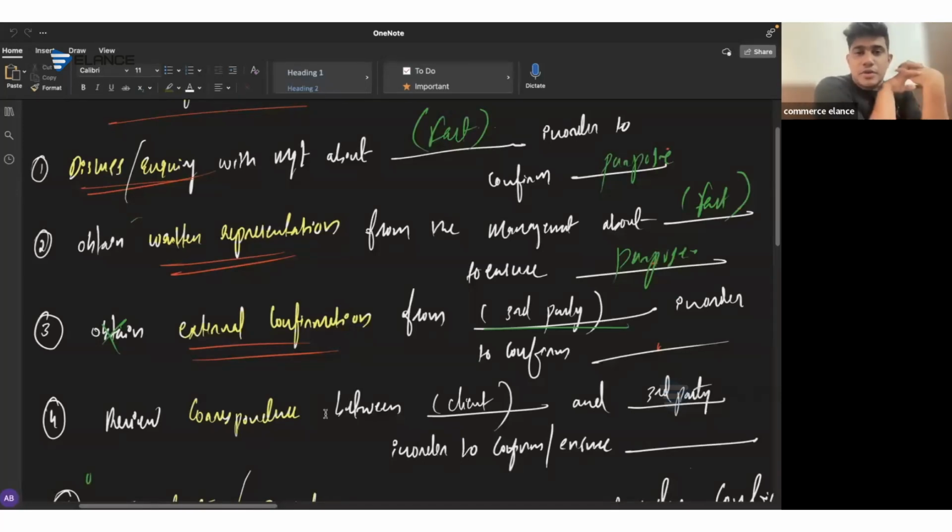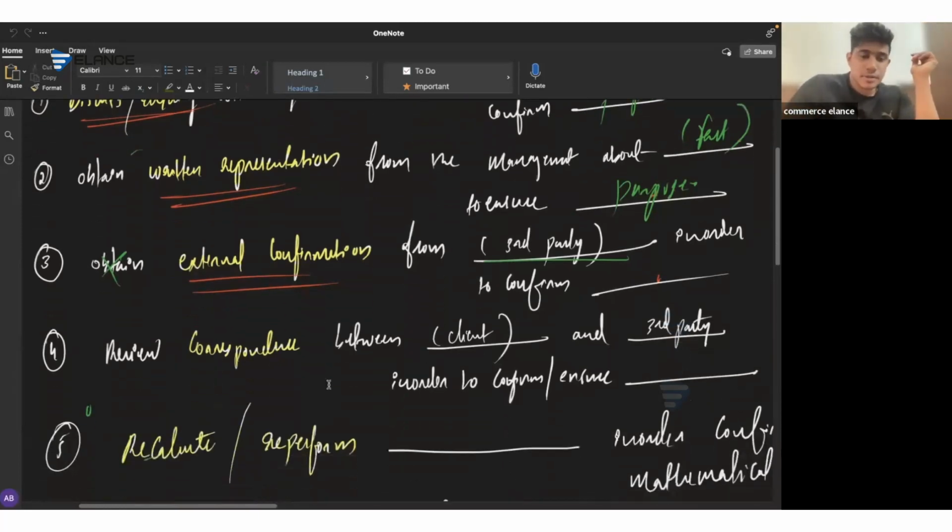So here, what we can do is review correspondence between the dashing company and the company employees in order to confirm whether the company has informed the employees about the redundancy, to assess whether there is a present obligation. Or we can review the correspondence between the dashing company and the company lawyers in order to confirm whether there will be a probable future cash outflow for the company in relation to the redundancy. So in order to understand any of this, you can use the correspondence.